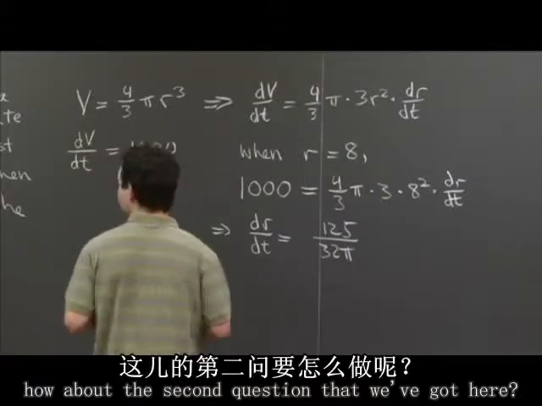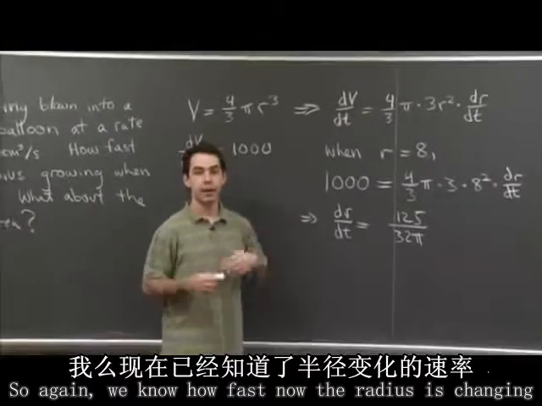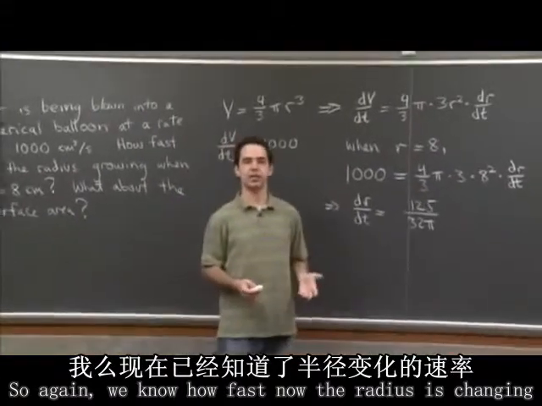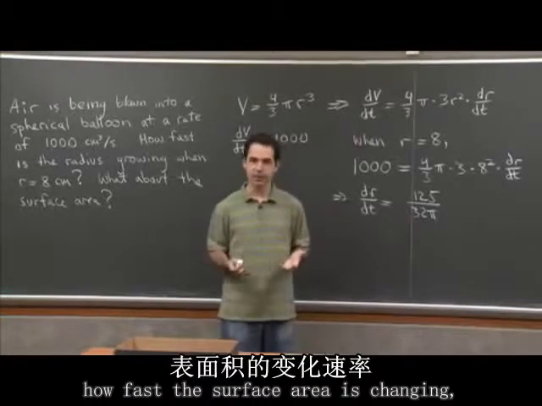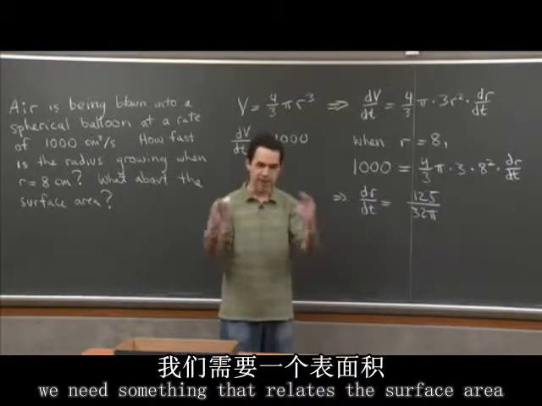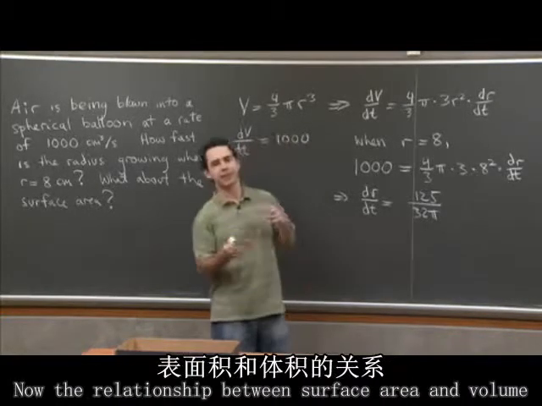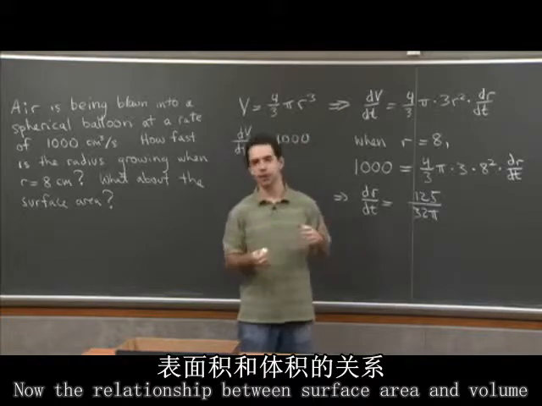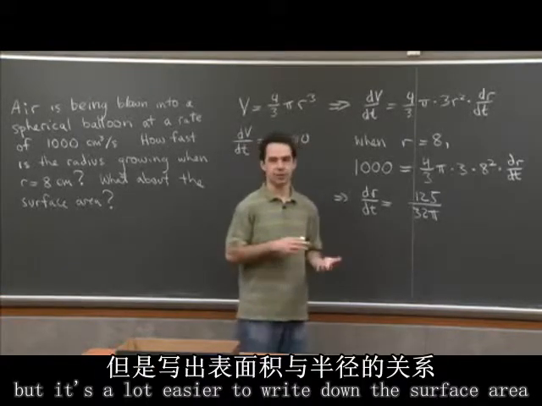Now how about the second question? What about the surface area? We know how fast the radius is changing, and we know how fast the volume is changing. In order to figure out how fast the surface area is changing, we need something that relates the surface area to either the volume or the radius. The relationship between surface area and volume is something we could work out if we had to, but it's a lot easier to write down the surface area in terms of the radius.